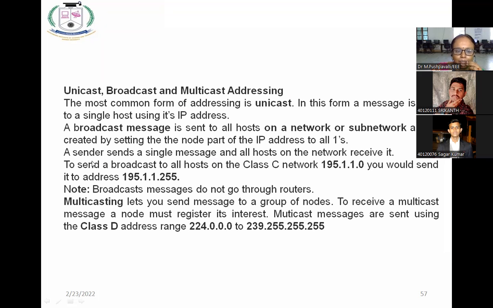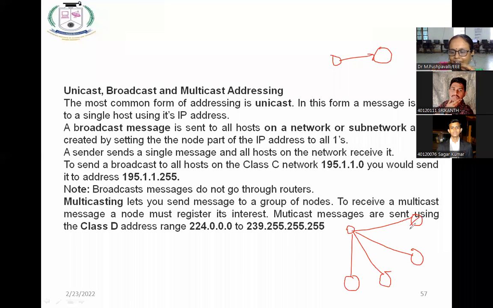Unicast is one-to-one casting, only one point to one point. Broadcast is one point to all the networks connected to the point, so one to all.